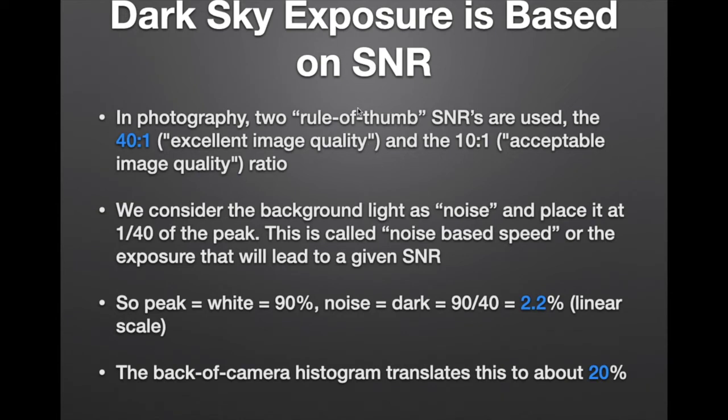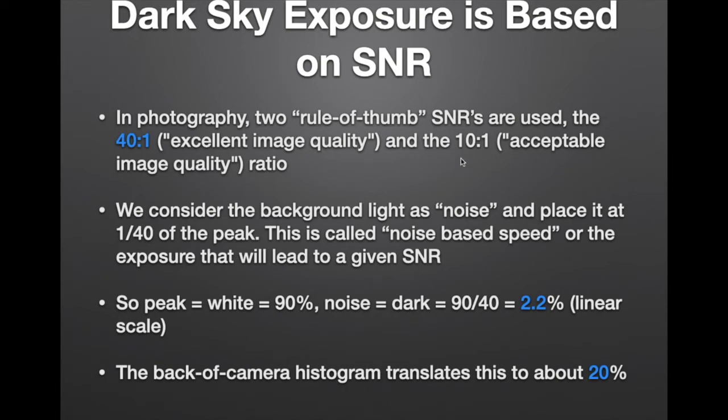And we have to base our exposure on the signal to noise ratio. And in photography, there are two rules of thumb. The main one is 40 to 1, which represents an excellent quality SNR ratio.